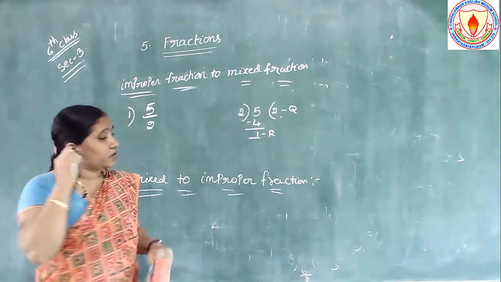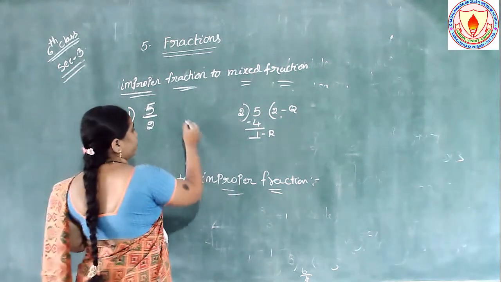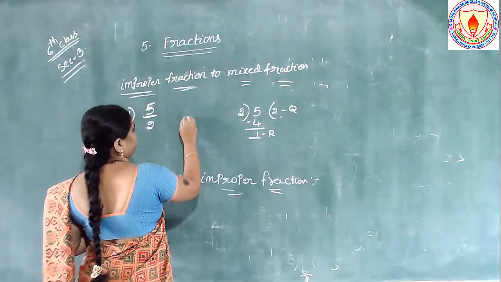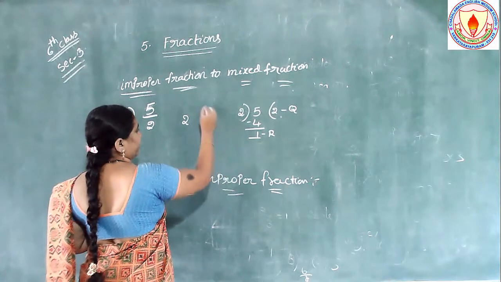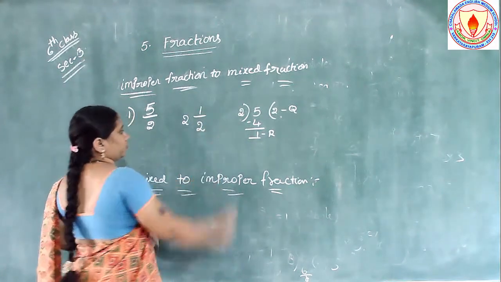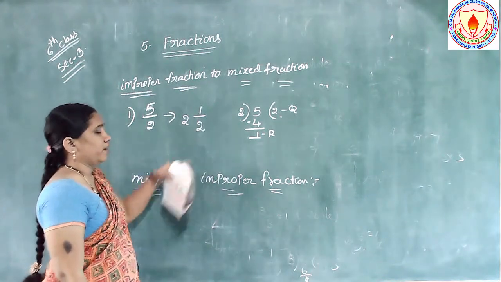Did you get remainder and quotient? Now how can you write the mixed fraction: first you write the quotient, then the remainder, and then the divisor. The mixed fraction is 2 1 by 2.